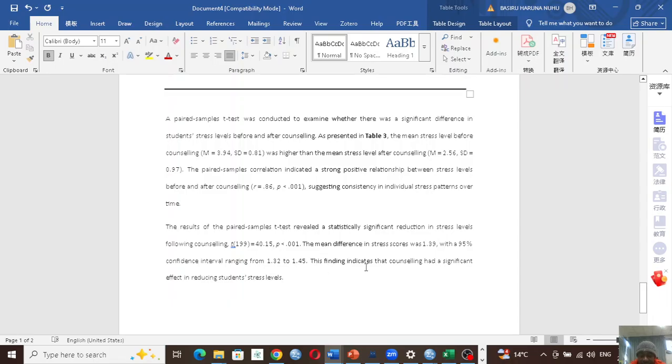These findings indicate that counseling had a significant effect in reducing students' stress level. So this is a simple way to address t-test issues in SPSS, and then how to report it.